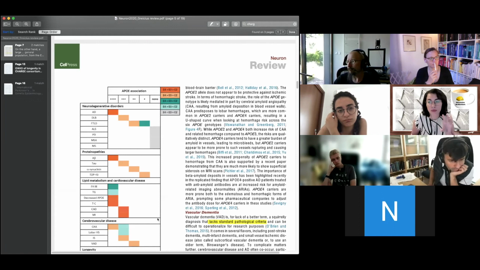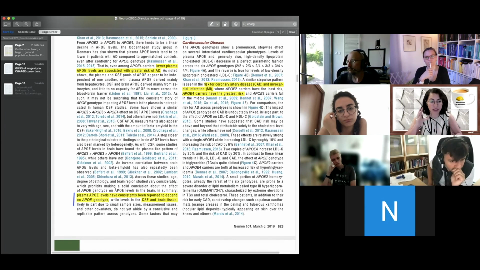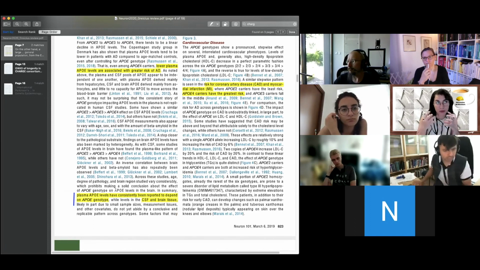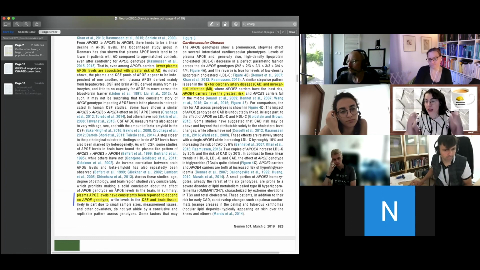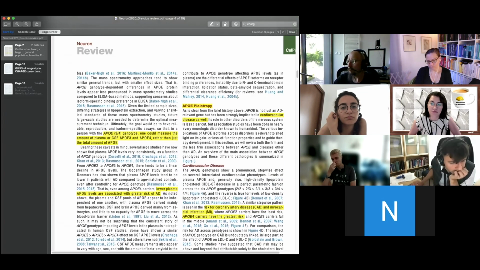These are different levels of APOE, because as I was saying, the blood-brain barrier is impermeable to these, so you can have a different production within the brain and outside the brain, in the body. And yes, this is what I get.